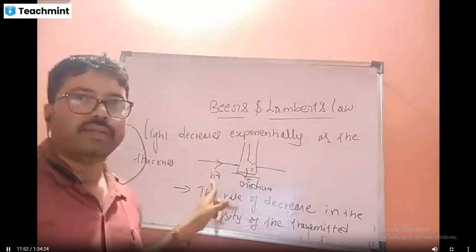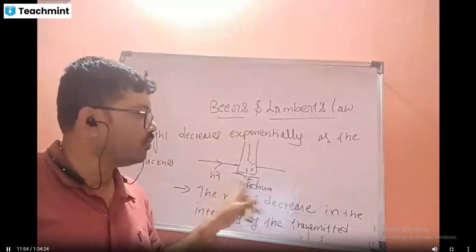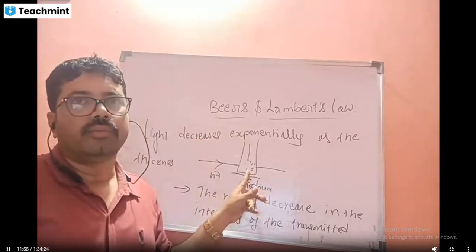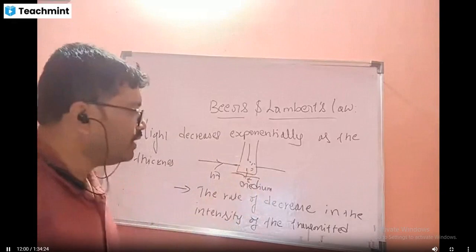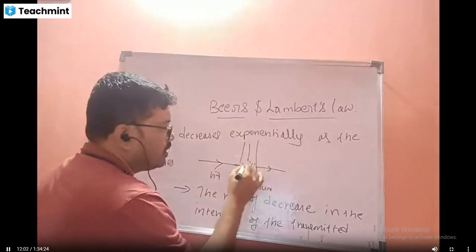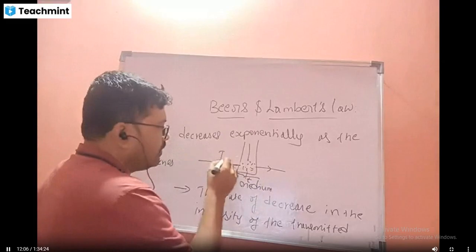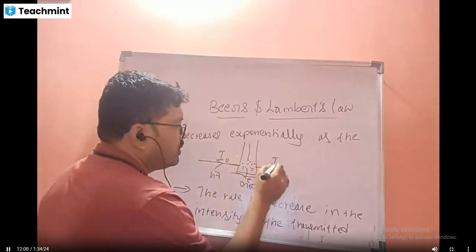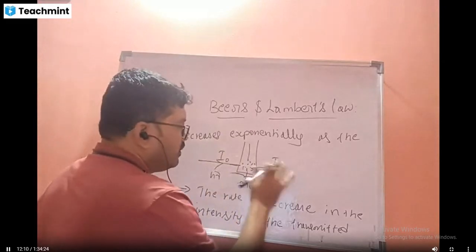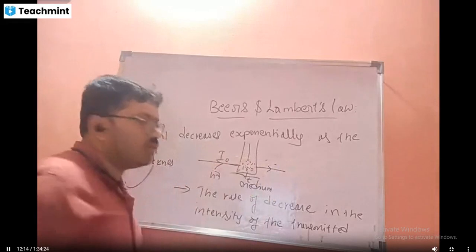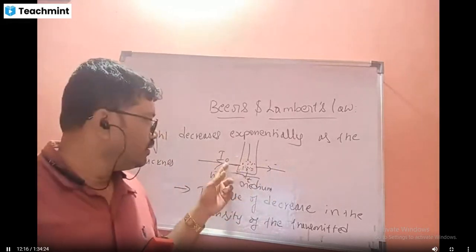Whenever you pass a light, means when a light passes through an absorbing medium, the rate of decrease, this decreases. It definitely absorbs; this is the incident radiation I0, and this is transmitted. Okay? So it absorbs some radiation, absorbing medium.